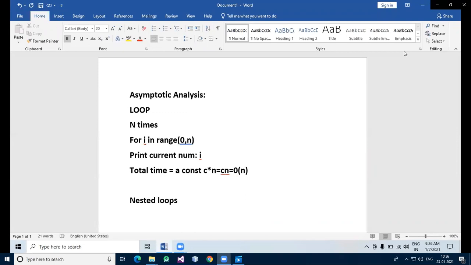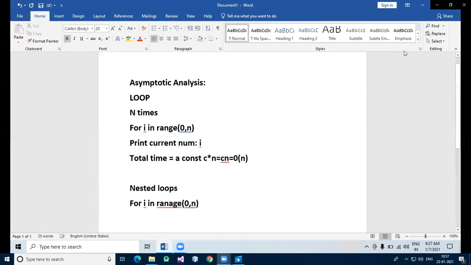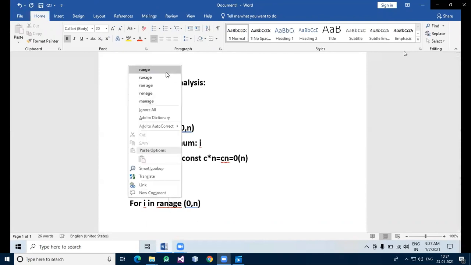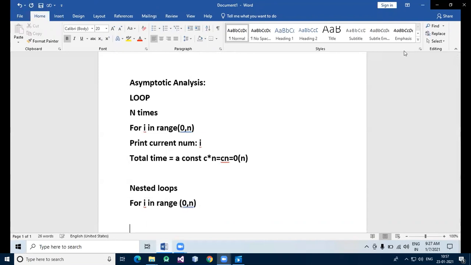The outer loop executes n times: for i in range 0 to n. Then for the inner loop, it also executes n times.